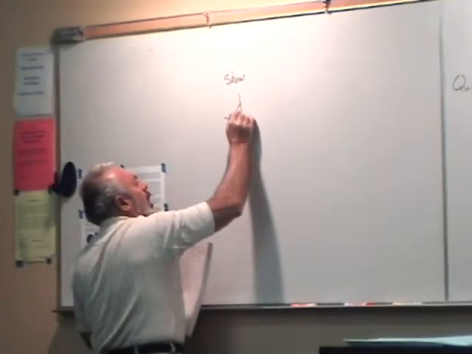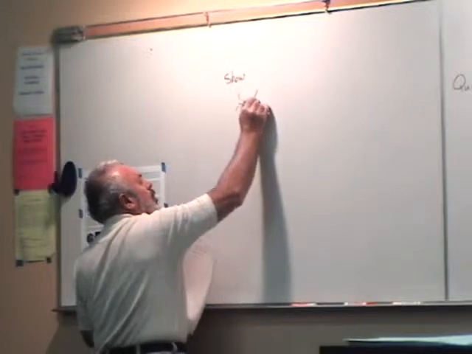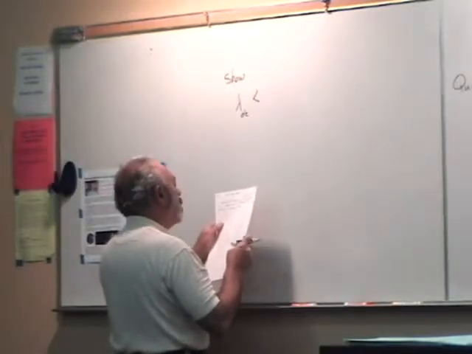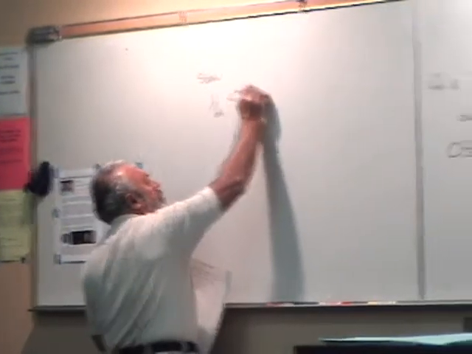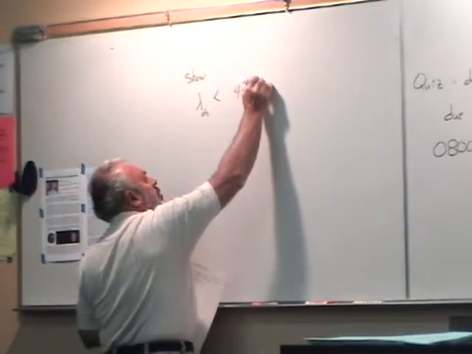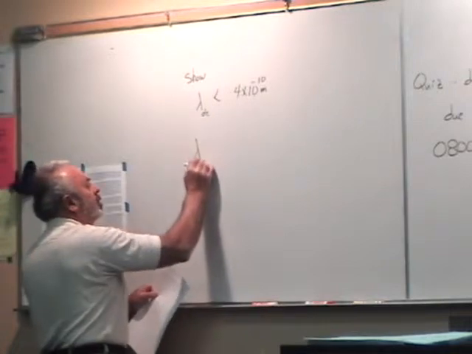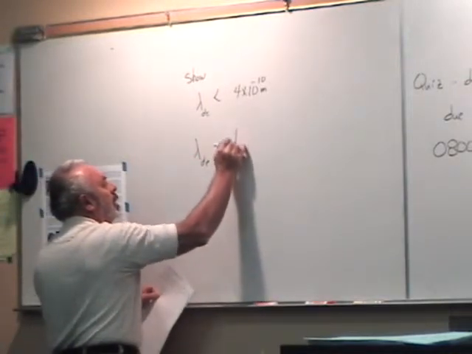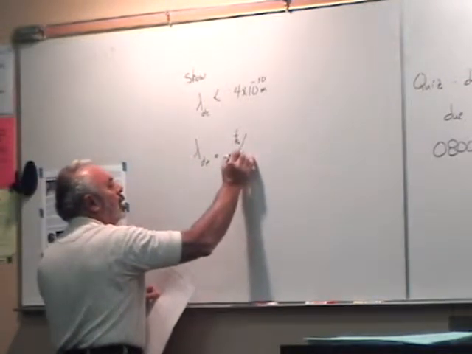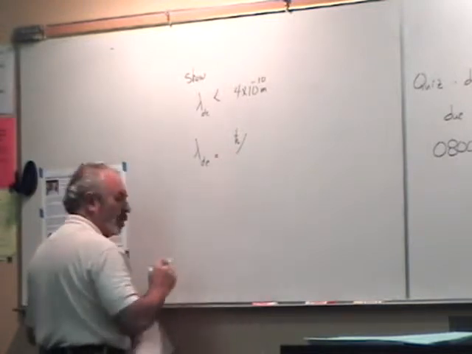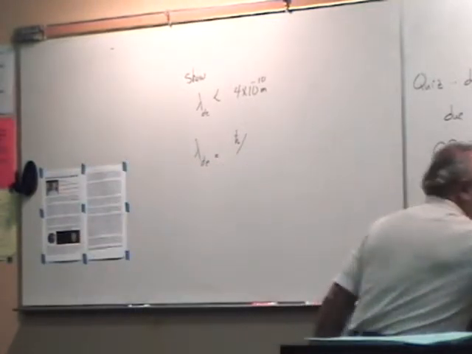that the de Broglie wavelength was less than 4 times 10 to the minus 10 meters. And of course, the de Broglie wavelength is h over p, not h bar. It's h over p.